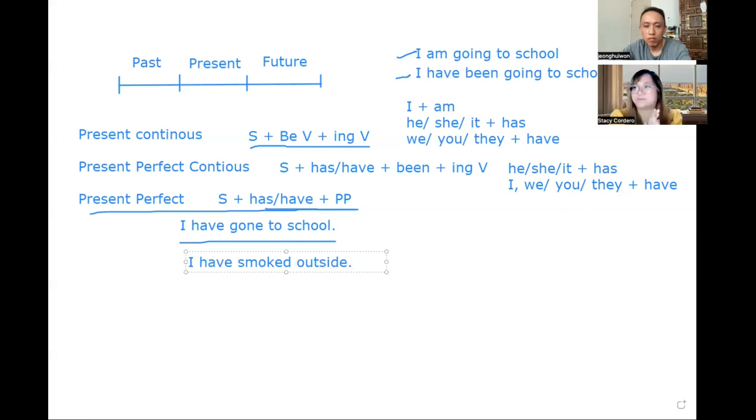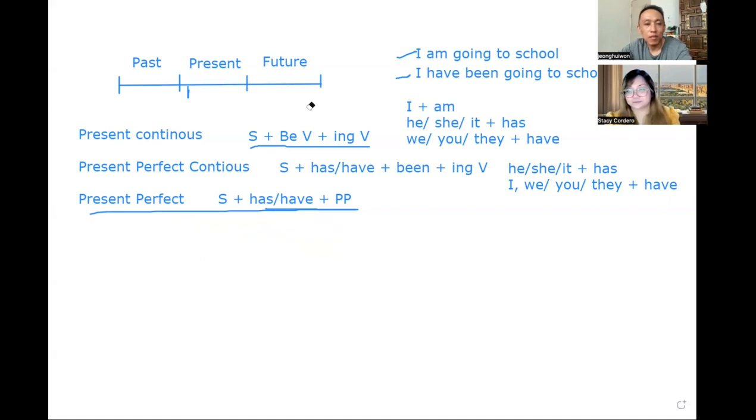It just stopped. So the timeline there is it started from the past and then it just stopped just here, in the present. It is still inside the present timeline. Okay. Is this clear, Mr. Zhang? Cool. Great.